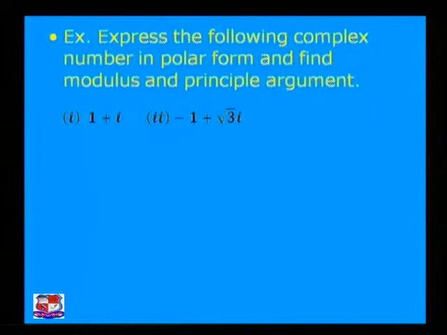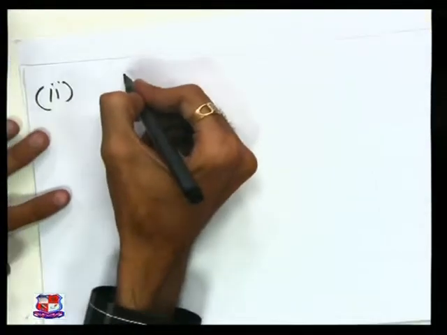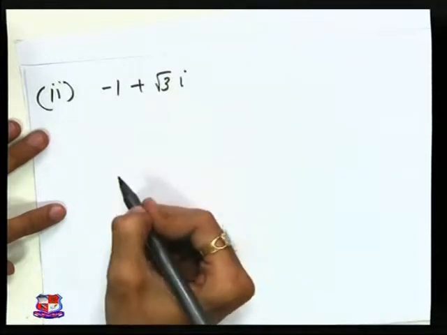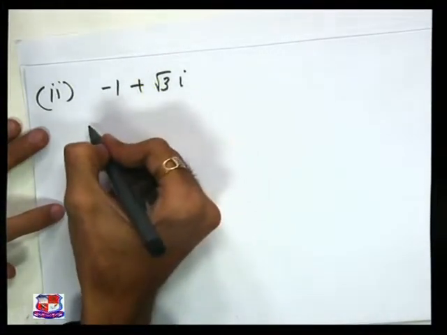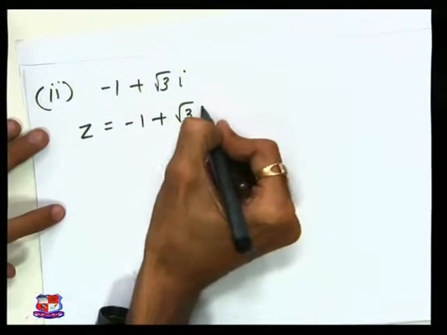The question is to find the polar format of the complex number minus 1 plus root 3 i. So let us try to find it for minus 1 plus root 3 i. First, z is equal to minus 1 plus root 3 i.